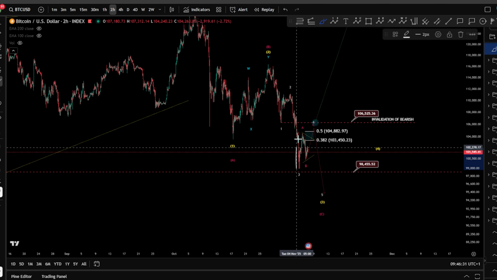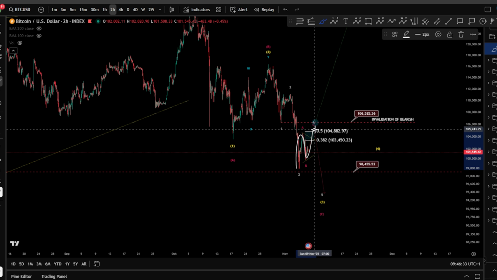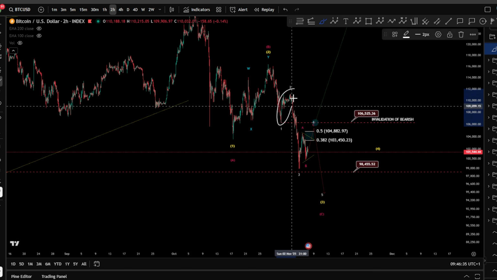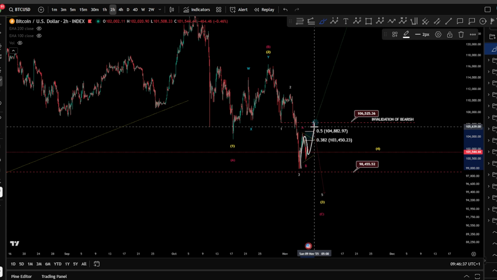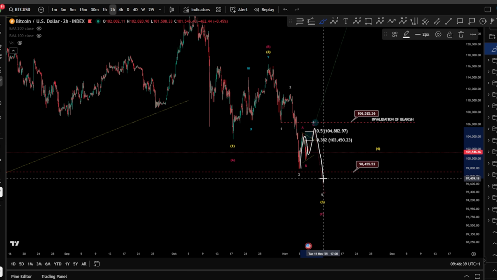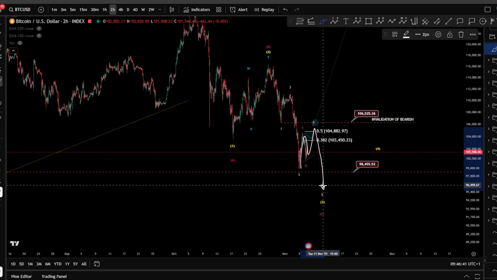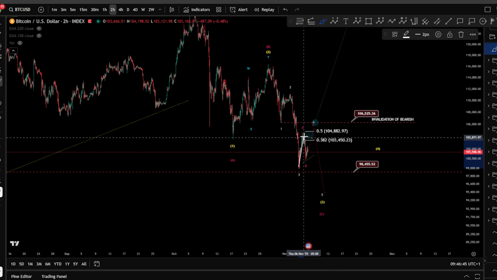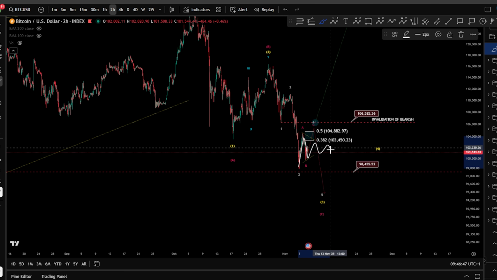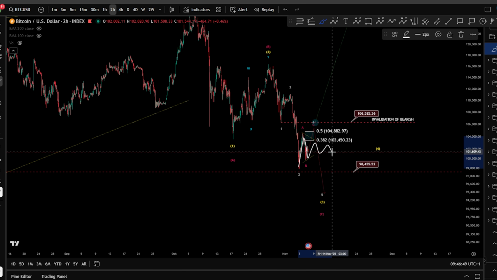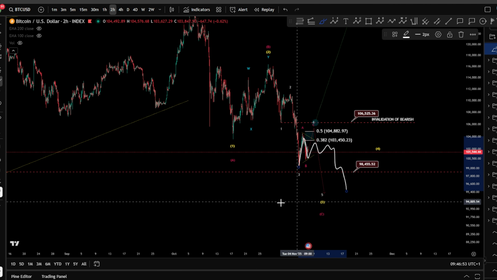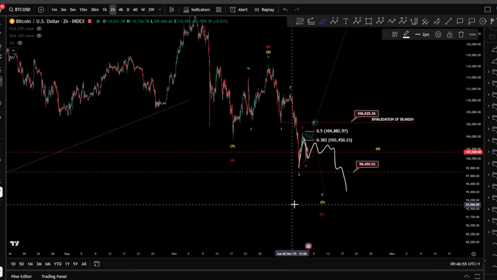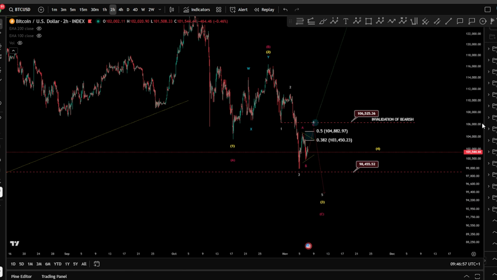The first possibility is an ABC formation for a wave 4, because you still need time based on this wave 2. You might get 3 waves for a wave 4, and then move toward the downside for a wave 5. The second possibility is a triangle formation here, A, B, C, D, and E, which is a very characteristic wave 4, and then dropping down for a wave 5 in a wave 3 here for Bitcoin.